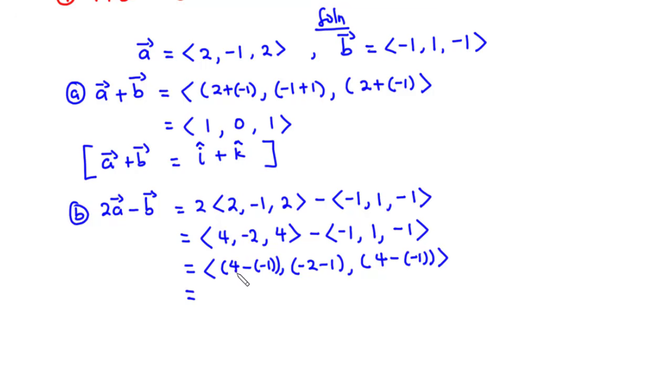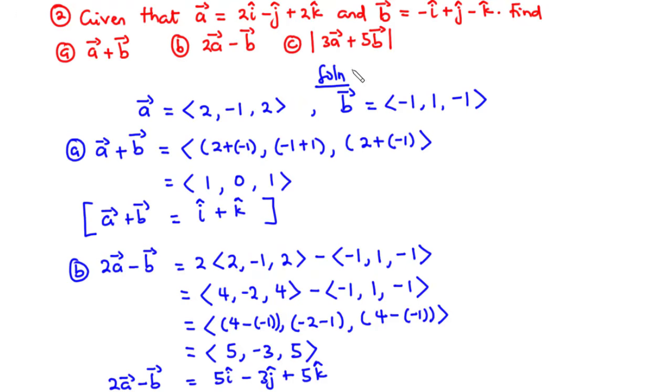Now 4 minus negative 1 is 5. Negative 2 minus 1 is negative 3, and then 4 minus negative 1 is 5. Therefore, the vector 2A minus B is equal to 5i cap minus 3j cap plus 5k cap.